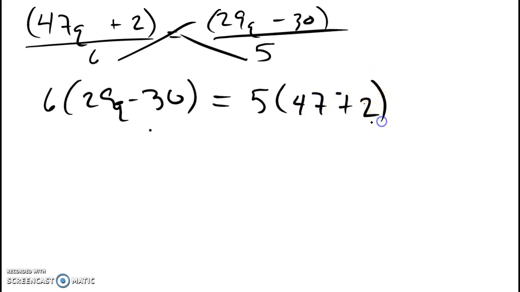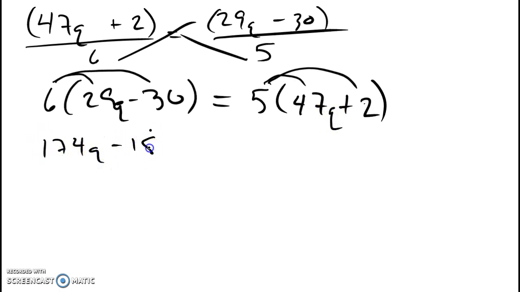And these aren't very friendly numbers, but this is a problem that's similar to one in your book. And this is a little bit more difficult than what I'm going to be putting on the quiz. I'm going to go ahead and distribute it. Forgot my q there. And I get 174q minus 180 is equal to 235q plus 10.